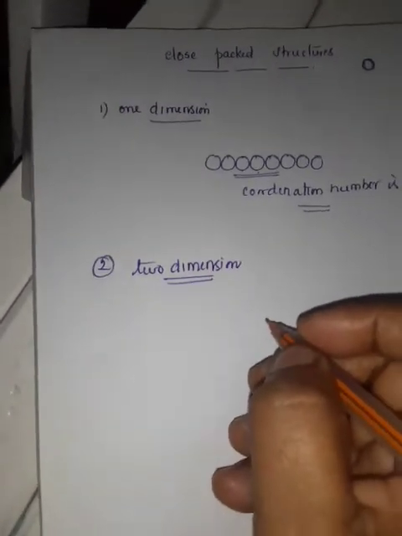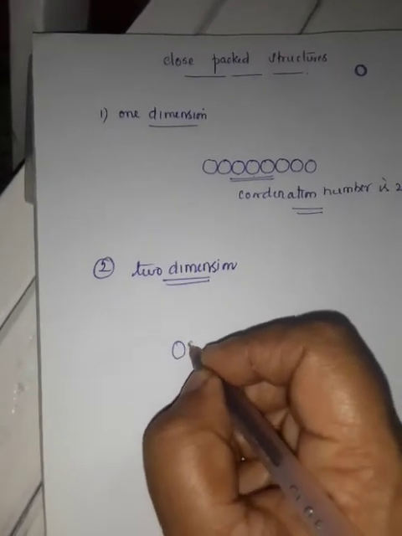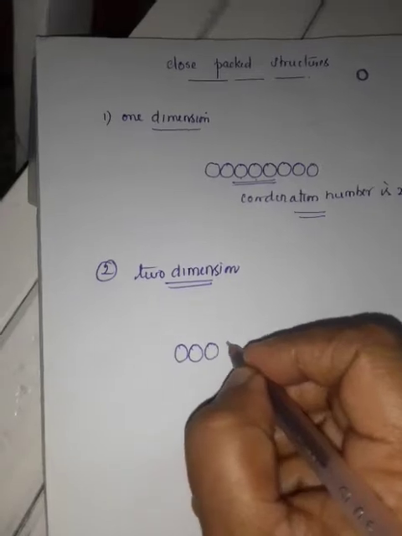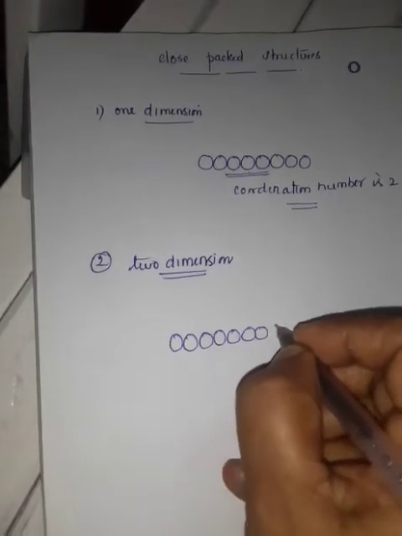Now we are going to learn about close packing in 2 dimension. Here, see the constituent particles as spheres in 2 dimension. 2 dimension means length and breadth.